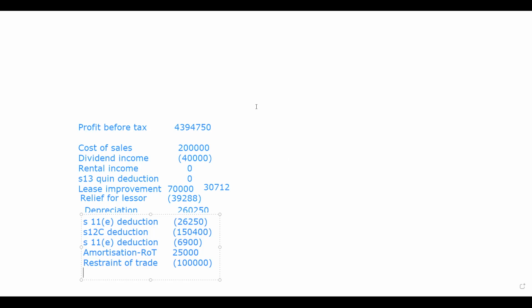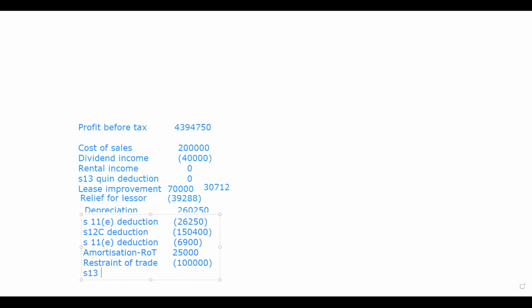The reason I'm saying this is that if the year of assessment was 2023, there wouldn't be any allowances for this building, because you would have finished 20 years, right? So this was the last allowance. So you're just going to say 3.1 million multiplied by 5%. That's your allowance.